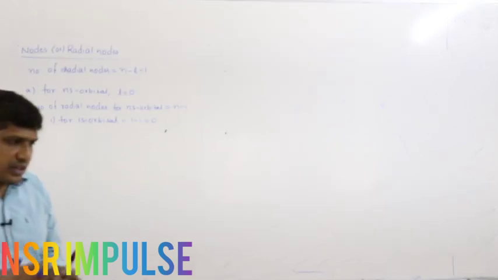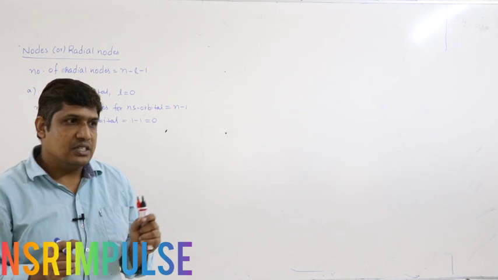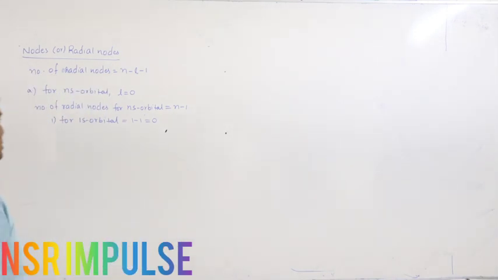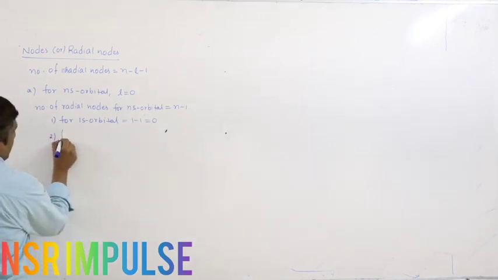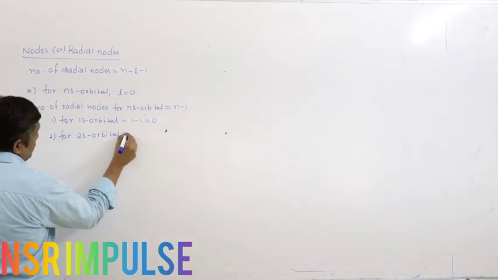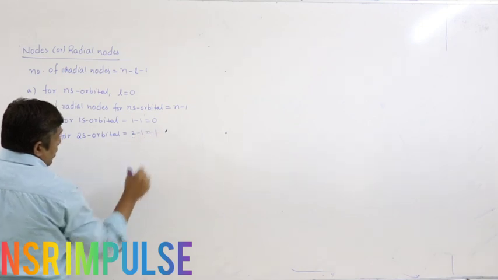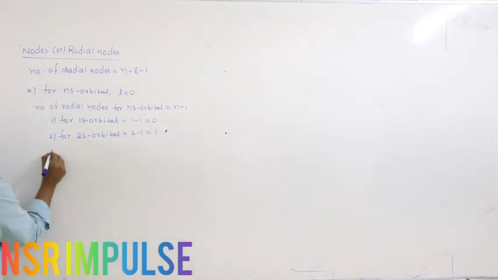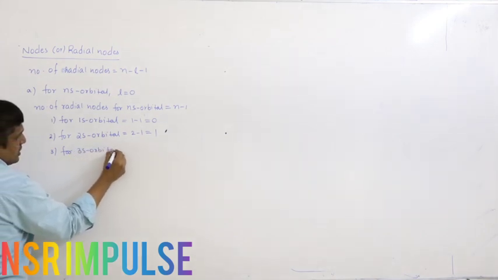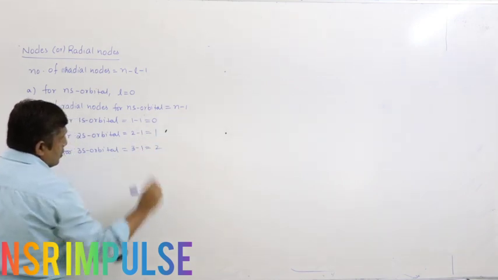So for the 1s orbital there is no radial node. Remember we have excluded two nodes, that is r equal to 0 and r equal to infinity, as they are common for all orbitals. For the 2s orbital, n value is 2, 2 minus 1 is 1. I have shown. For the 3s orbital, what is the n value? 3 minus 1 equal to 2.